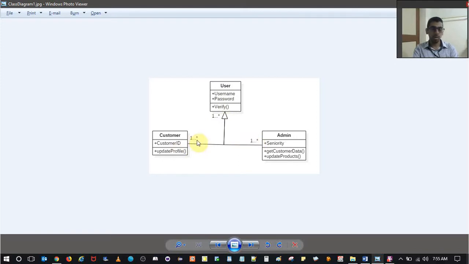So what we see here is many users will be there, many customers will be there, and limited or many admins would be there. At least one or more admins will be there. That's the intended purpose of specifying this, and this is called multiplicity. So that's what we have, a generalization and a multiplicity being discussed.